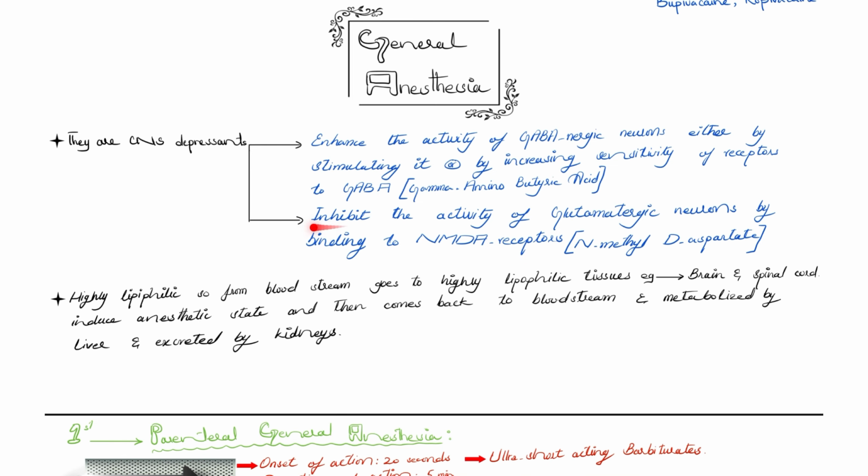Or there is another way that they can depress the central nervous system, that is by inhibiting the activity of glutamatergic neurons, which are excitatory neurons. These drugs bind to NMDA receptors and block them. NMDA stands for N-methyl D-aspartate.